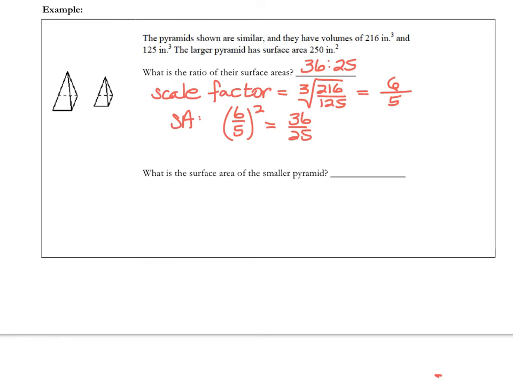Now, they're telling us that the surface area of the larger pyramid is 250 square inches. So if the surface area ratio is 36 to 25, and the larger pyramid has an area of 250, then we're going to set up a proportion to find the smaller surface area. 250 times 25 is 6,250, which is equal to 36x.